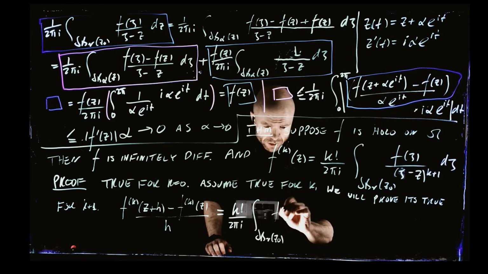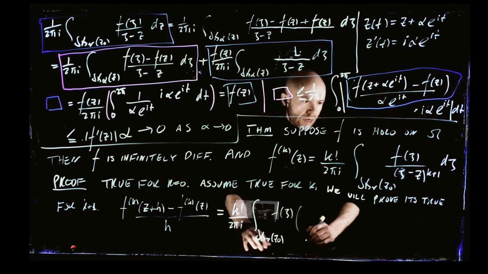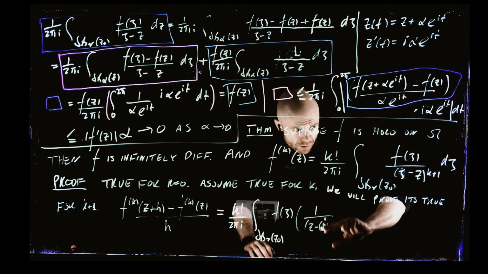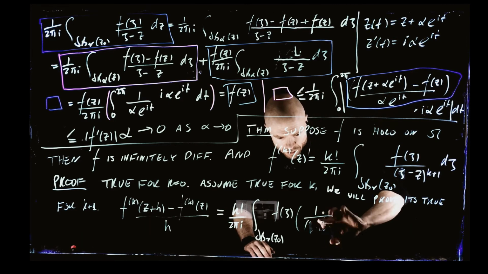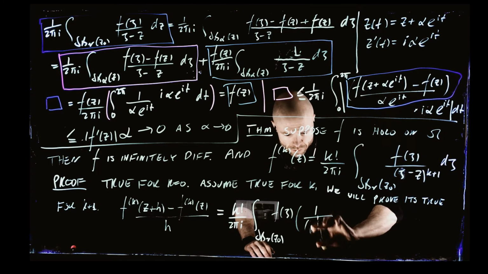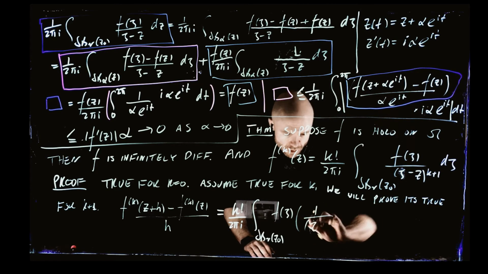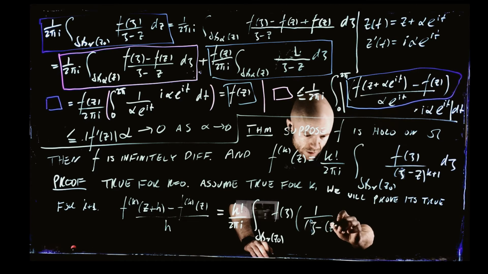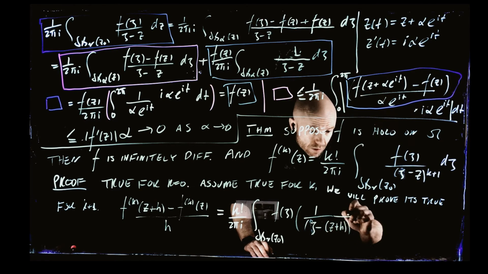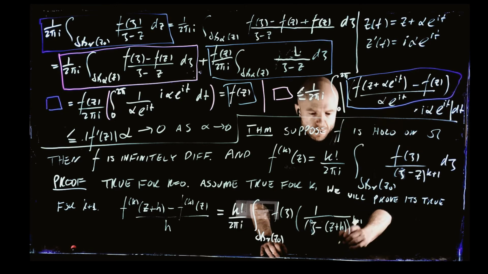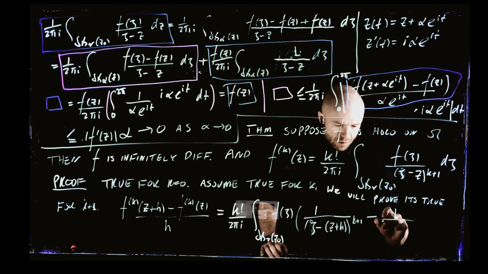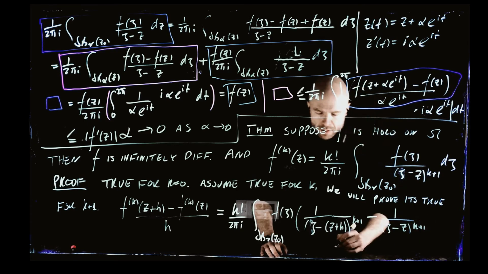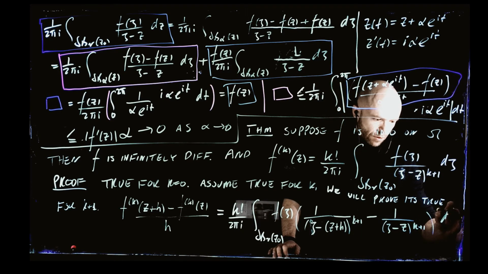And then let's pull out this f of zeta, and then we're going to have 1 over zeta minus z plus h to the power k plus 1 minus 1 over zeta minus z to the k plus 1 like this, d zeta.